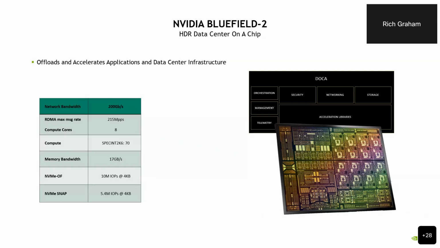There are also several other specific additional acceleration engines on this particular card, but those are really typically targeted at storage and security and the like. So I won't talk about them here.